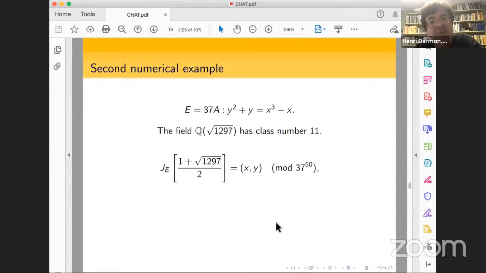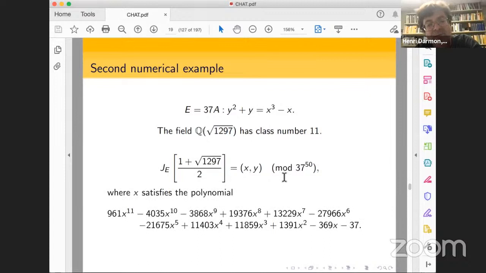And then one can evaluate the value of the associated cocycle at some real quadratic number like this. And one gets a point whose x coordinate, for example, satisfies a degree 11 polynomial like this, at least up to the computed 37-adic accuracy. And this polynomial turns out to generate the Hilbert class field, and it leads to a construction of global points over this degree 11 extension.